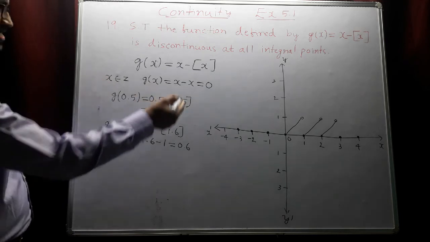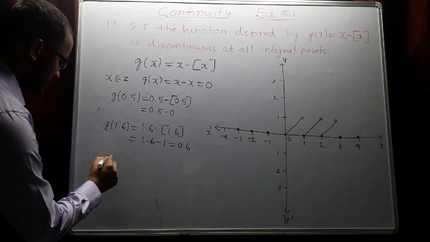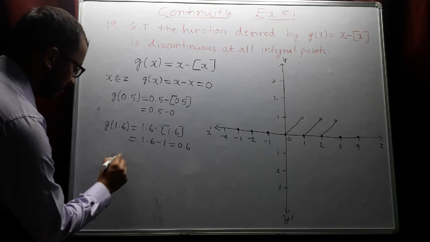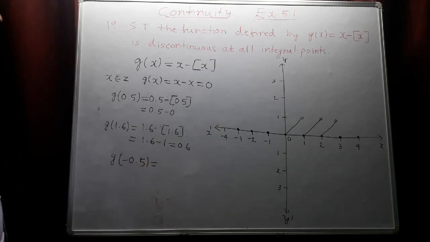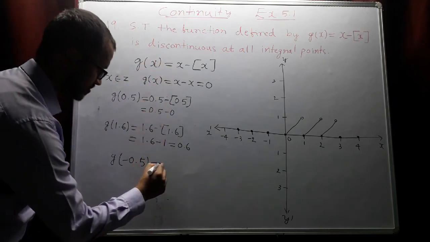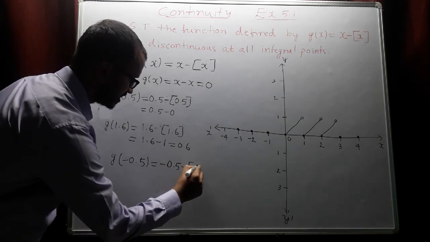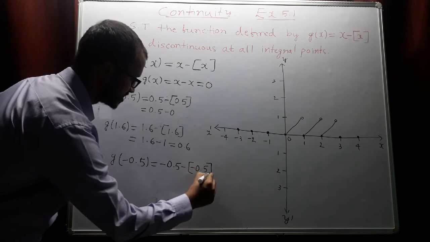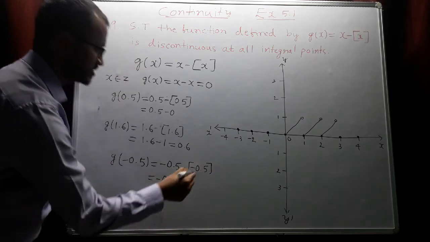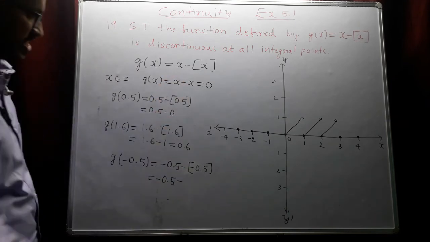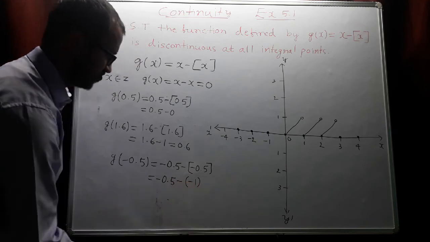Now suppose we consider negative real numbers. Suppose we consider g of minus 0.5. So g of minus 0.5 means minus 0.5 minus greatest integer less than or equal to minus 0.5, which is minus 1.